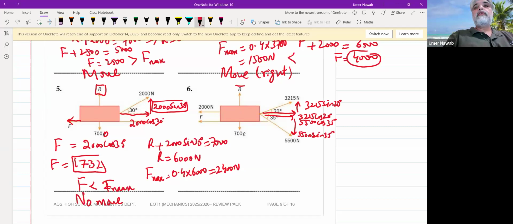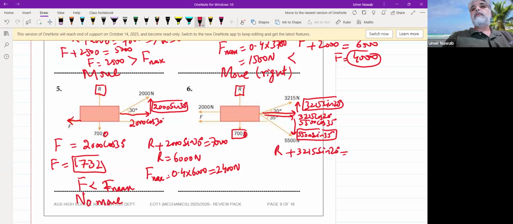Now let's talk about our R. R plus this is equal to 7,000 plus this one. So let me write the equation for R. R plus 3215 sine of 20 is equal to 7,000 plus 5500 sine of 35.